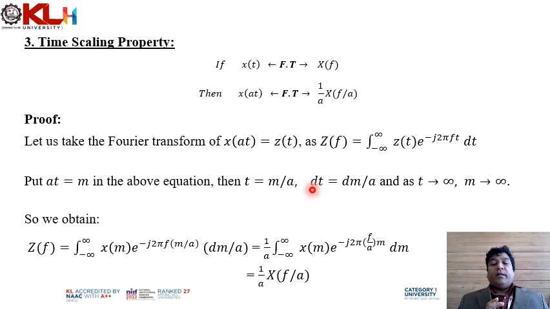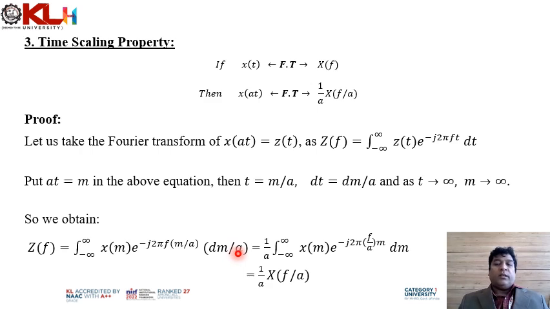And we can simplify this equation as, in the place of z of t which is x of at becomes m, so we will get x of m, then e power minus j 2 pi f. In the place of t we have to write m by a, and in the place of dt we will get dm by a.